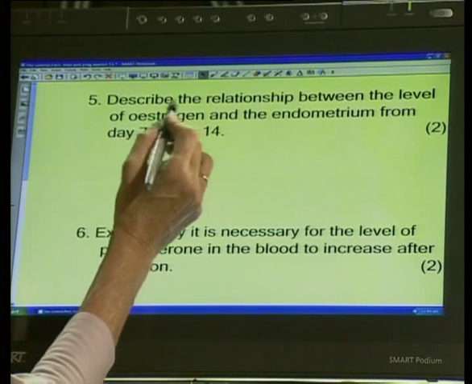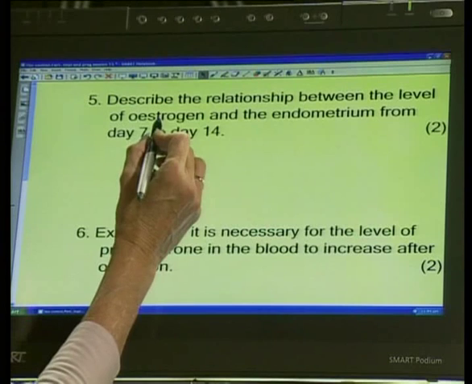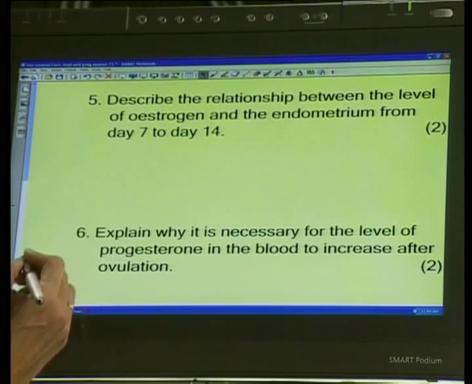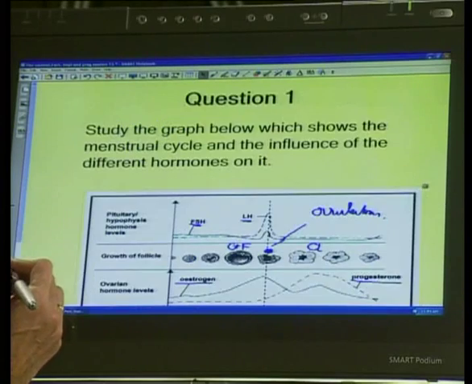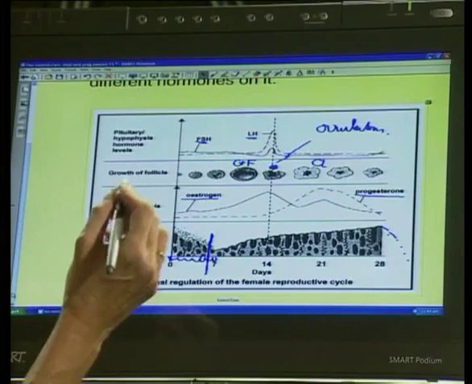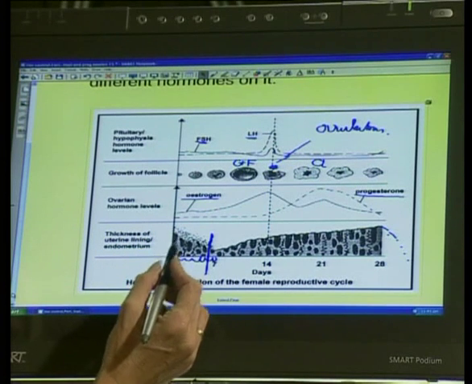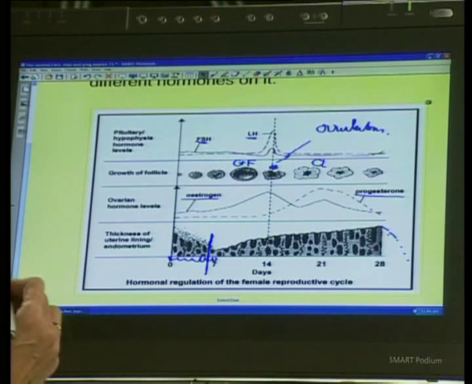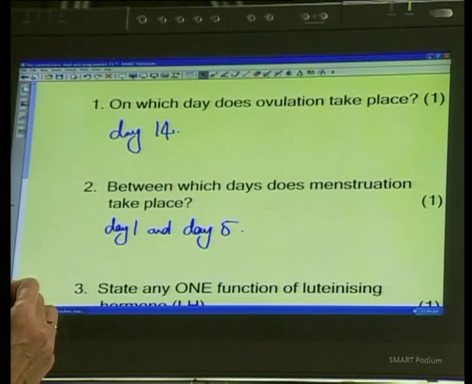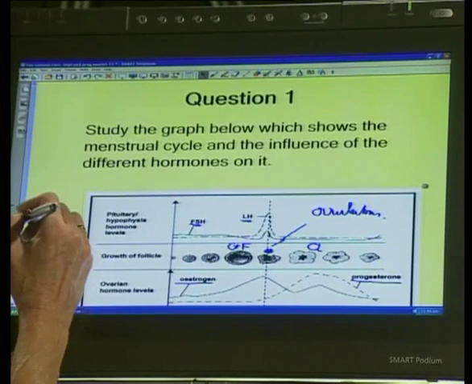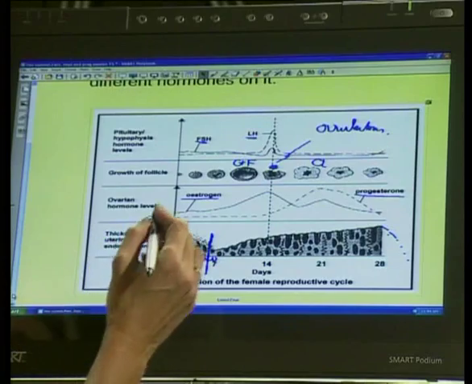Okay, describe the relationship between the level of estrogen and the endometrium from day 7 to day 14. So let's go back to our graph. I'm not going to write this out, so please listen. We want to know the lining of the uterus versus the level of estrogen.